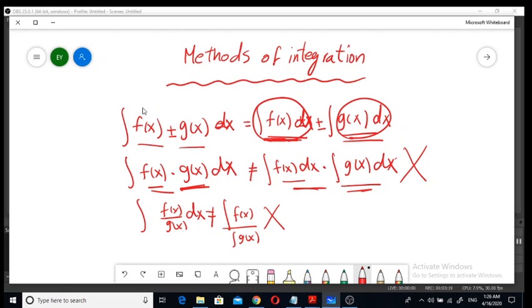So in this video we're going to learn some techniques or methods to solve the integrals of the product of two functions or the integrals of the quotient of two functions.